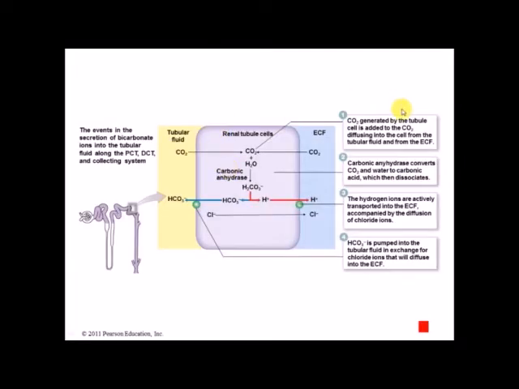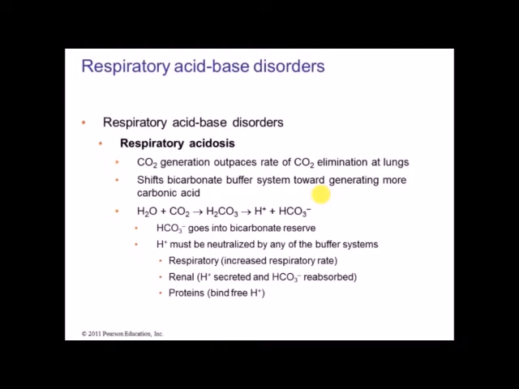At the kidney level, the CO2 generated by the tubular cells and from the extracellular fluid are going to come into the renal tubules again, dissociate into carbonic acid. Then we're going to lose the bicarbonate, and we're going to retain the hydrogen ions and the chloride. So ions are going to go back into the extracellular fluid, hopefully causing it to become more acidic.